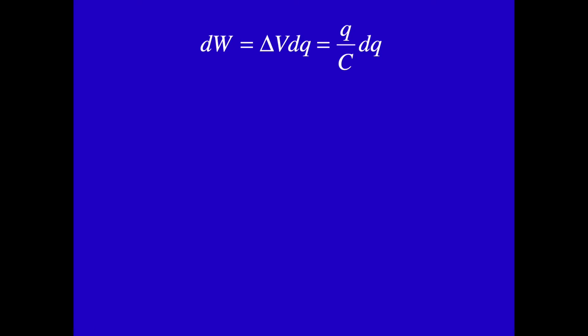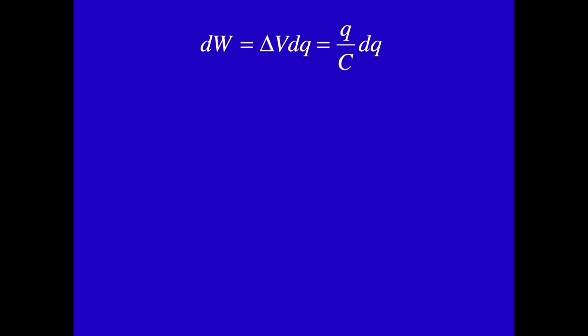And so we'll start with an expression for dW, the work done, which is basically going to be the energy that's stored in the capacitor. We talked about that. The work done by an external system is going to go into storing energy in the system.